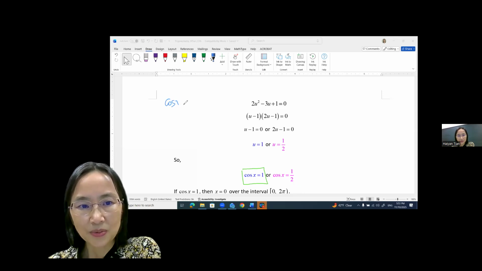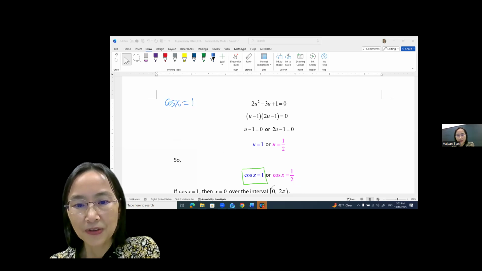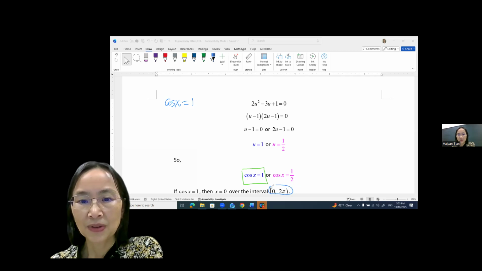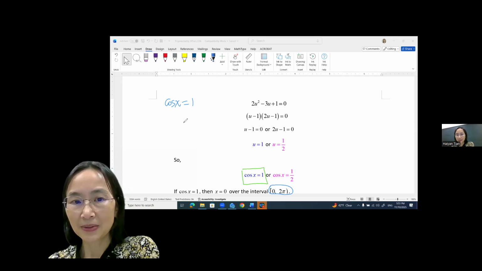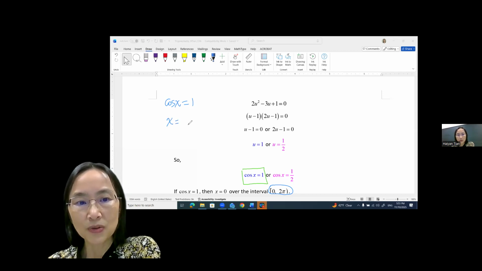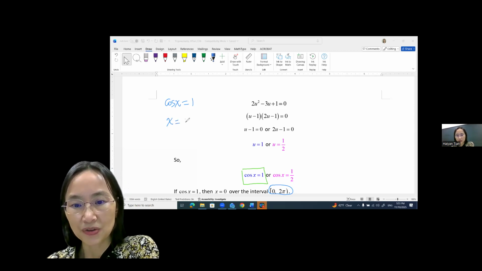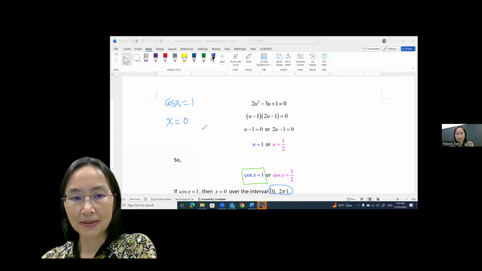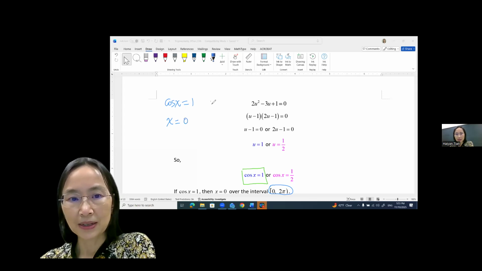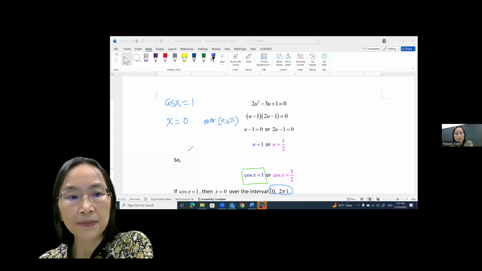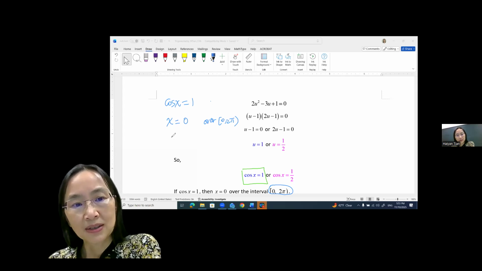Cosine x is 1, and over that interval, we know it's decreasing and then increases to 1, so the only x solution on this interval is 0, when x is 0, right? So we're trying to find what x over this interval from 0 to 2 pi such that cosine x is 1. So the only solution is 0.